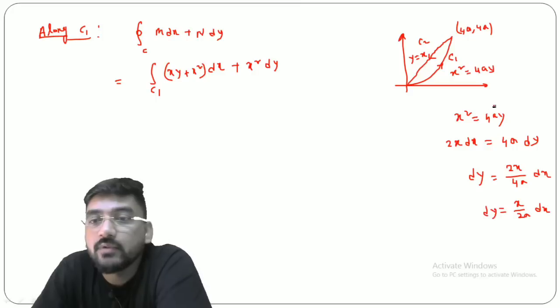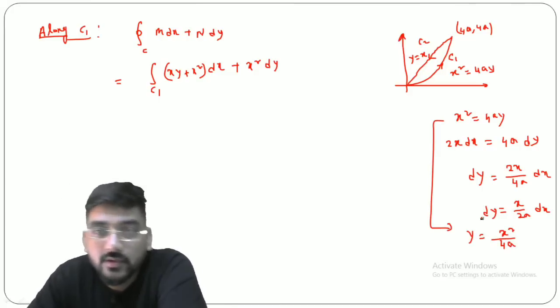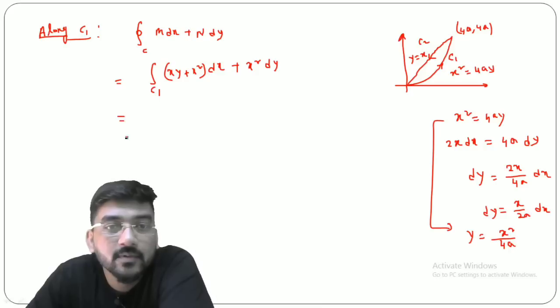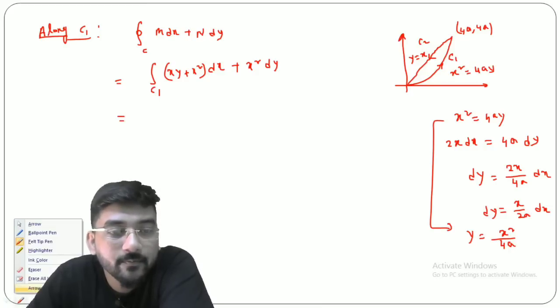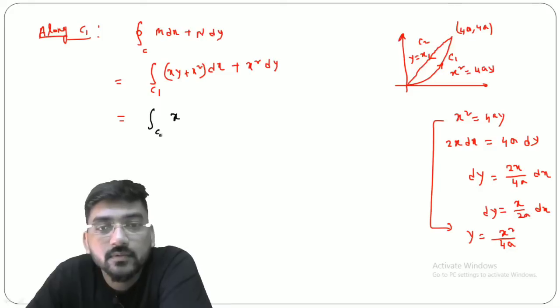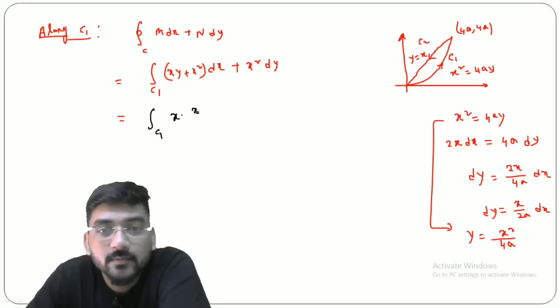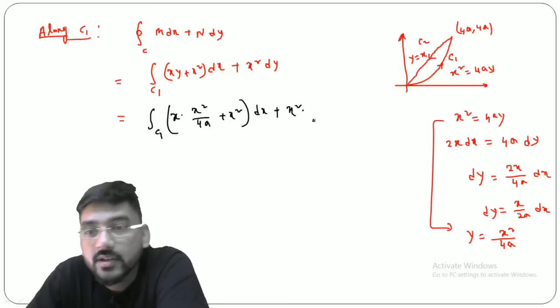And y we can write directly from here: y will be nothing but x square by 4a. So let me put it here. This is C1, so x into y, which is x square by 4a, plus x square, into dx, plus x square, and dy is x by 2a into dx.